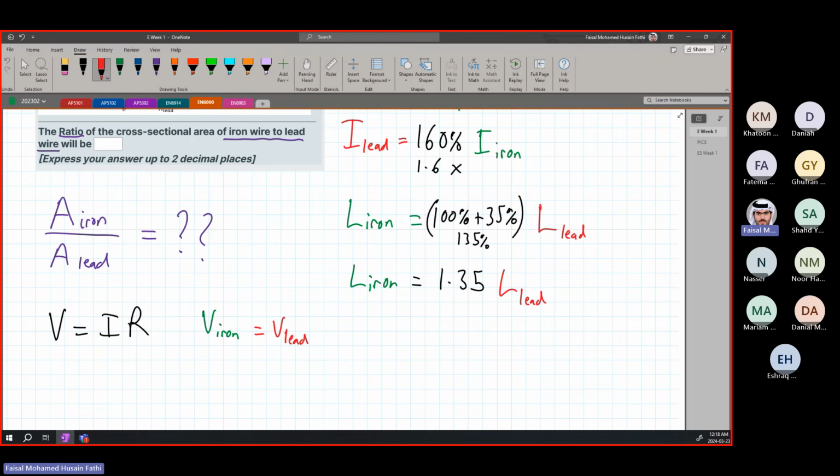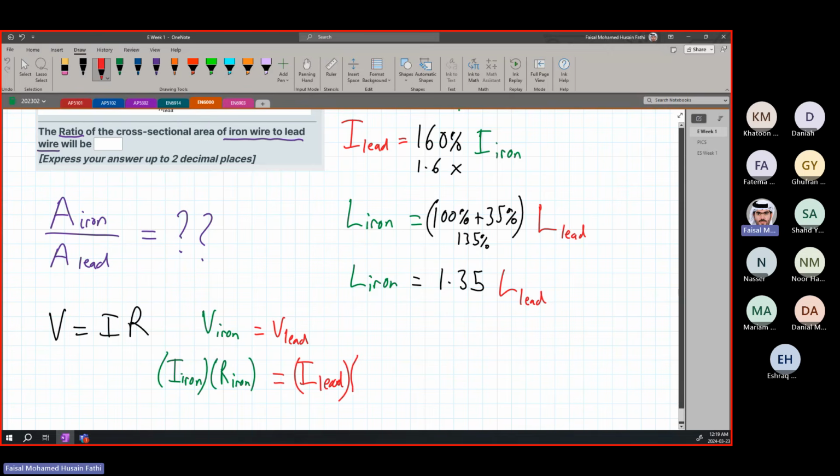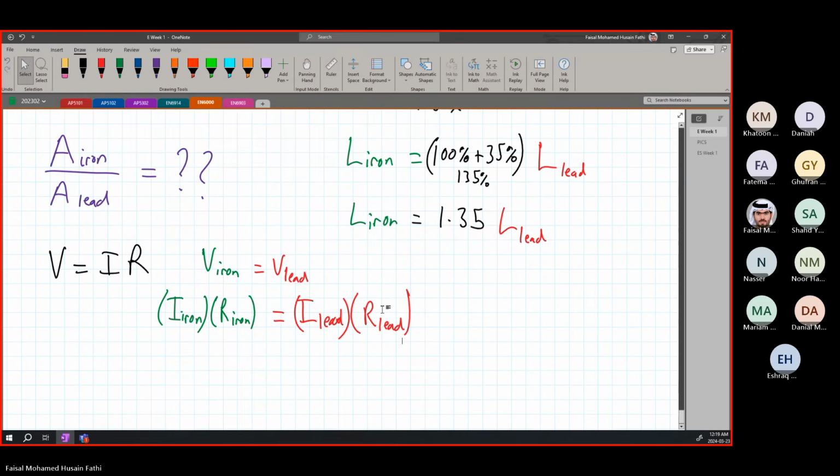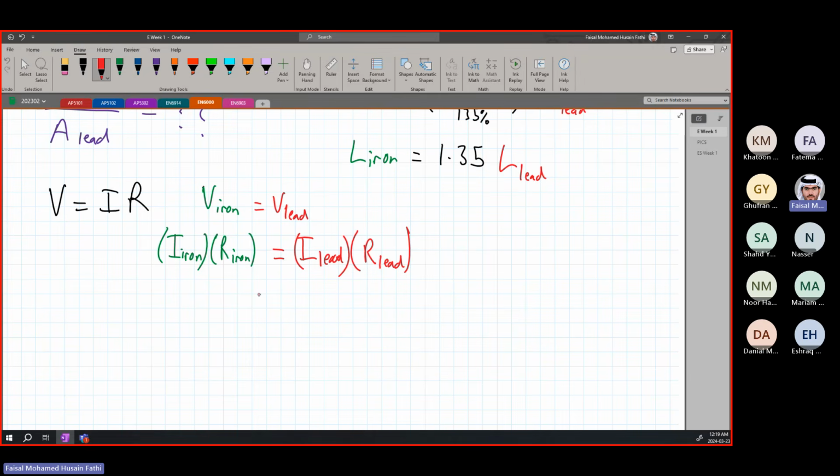So when we do it into V equal IR, it's going to be the I of iron times the R of iron is equal to the I of lead times the R of lead. And now we could just substitute. We know that the R of iron, I of iron.